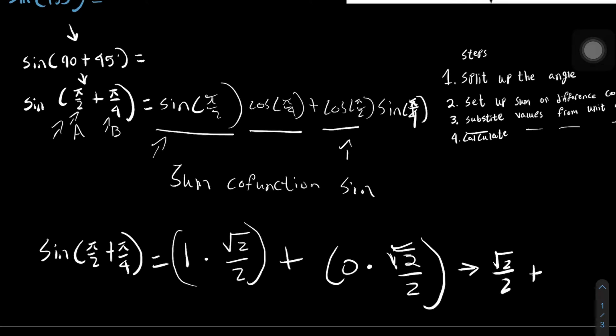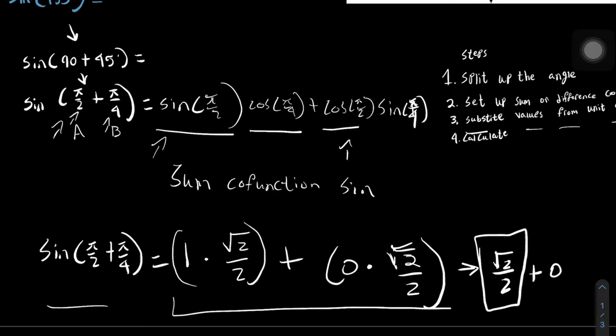Anything times 0 is 0, so plus 0, meaning that the sine of pi over 2 plus pi over 4 is the square root of 2 over 2, because we set this expression equal to sine of pi over 2 plus pi over 4.